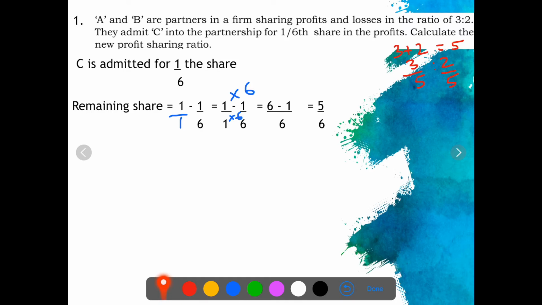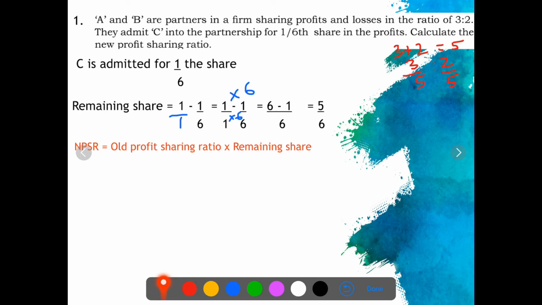There is a formula to calculate the new profit sharing ratio, that is, old profit sharing ratio into remaining share. What is the old profit sharing ratio? That is 3:2, into remaining share. We have just calculated the remaining share as 5/6.